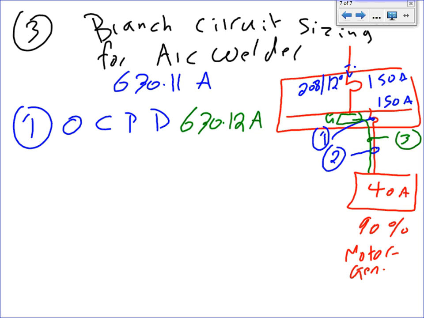If you read through it, it doesn't tell you to modify it. It says each welder shall have an overcurrent protection device rated at not more than 200% of I-max. Alternatively, if the I-max is not given, the overcurrent protection device shall be rated or set at not more than 200% of the rated primary current of the welder. Not more than 200% of the rated primary current of the welder.